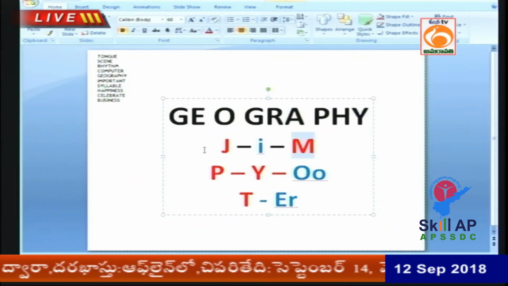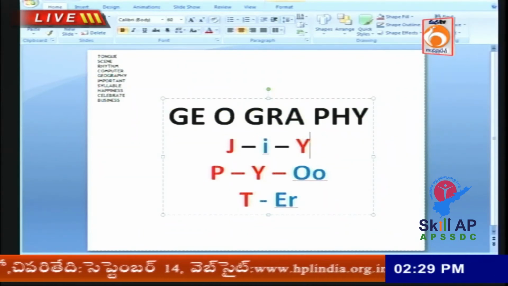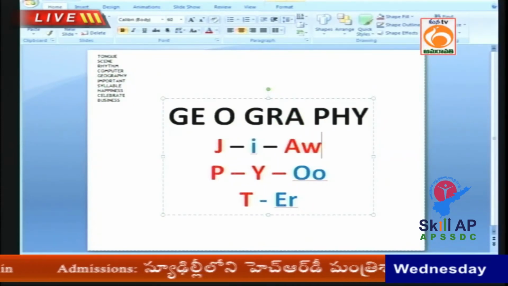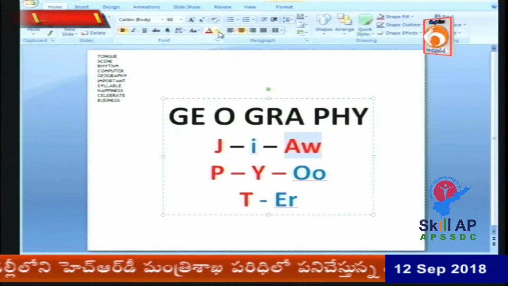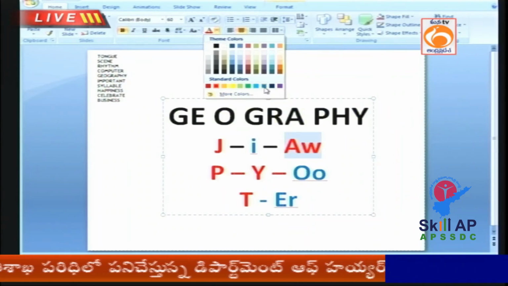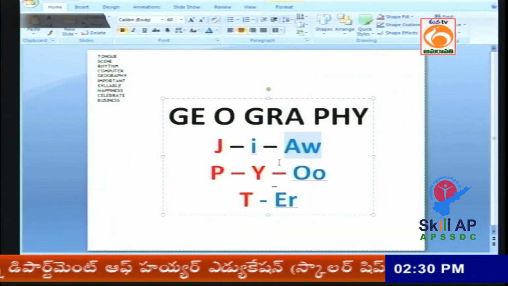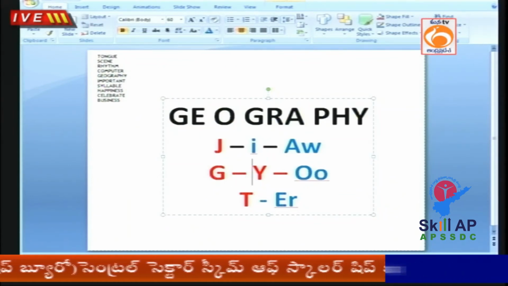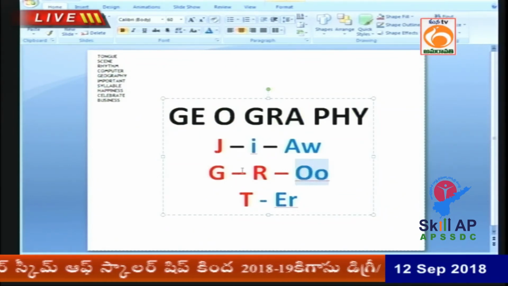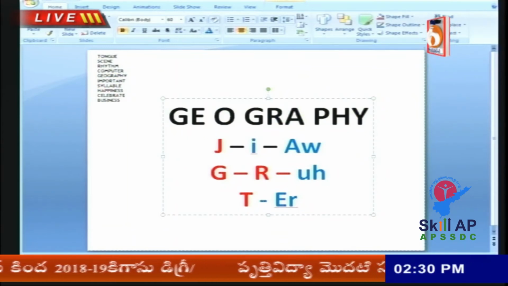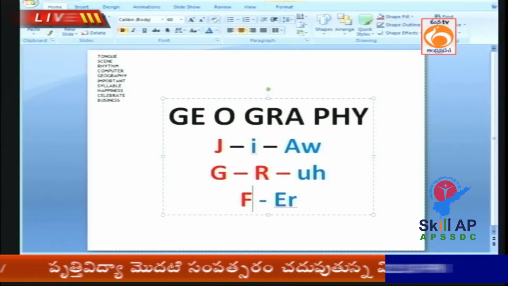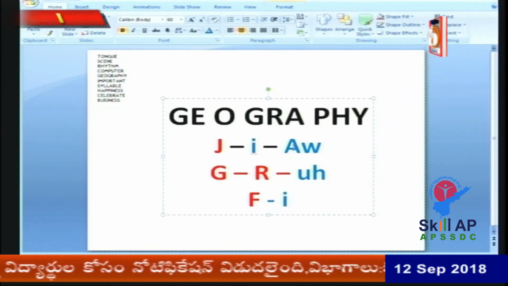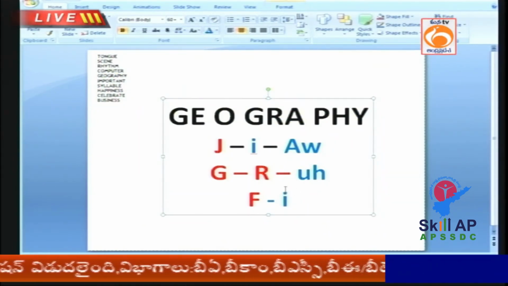Then we have geo, then graph, with the f sound, and an e sound. So it's geography. Geography.